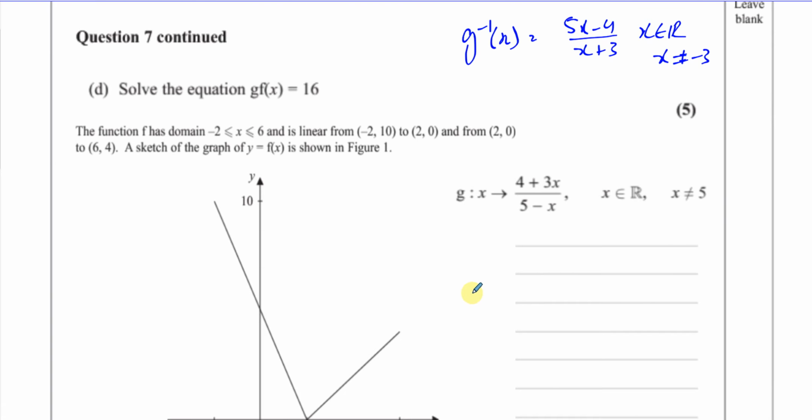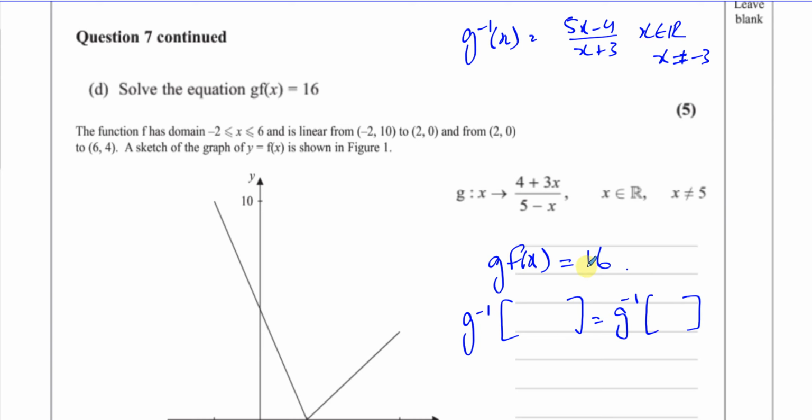Now, we could do it in one way where we do the following. g of f of x equals 16. One way is to find a way to get rid of this g. So what we could do is apply the inverse of g to both sides of this equation.